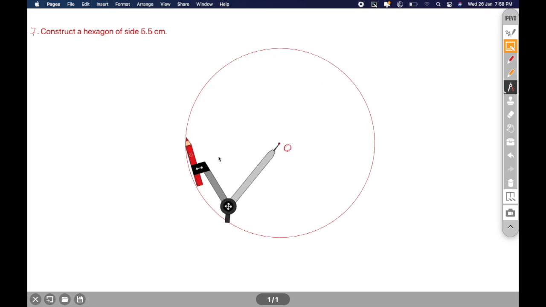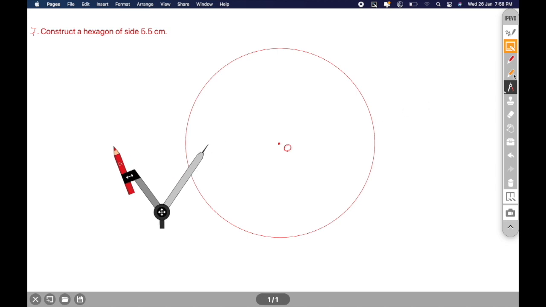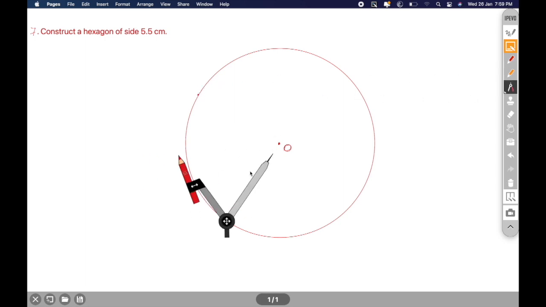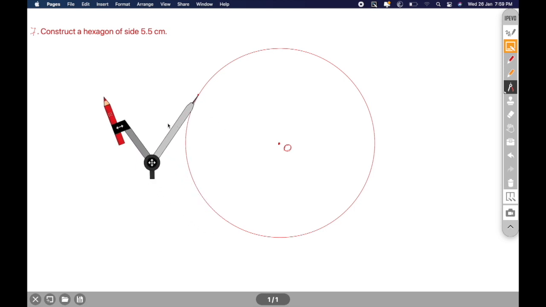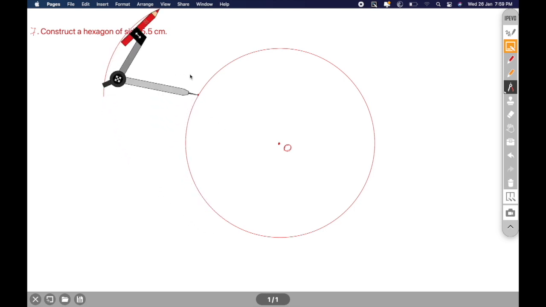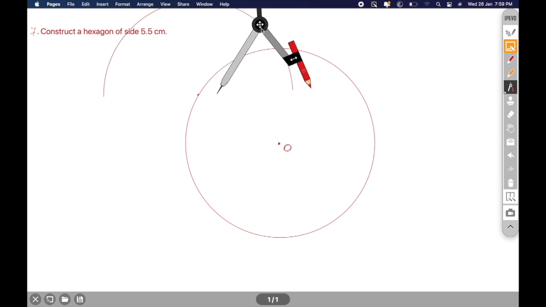With the same radius, we will place the compass at a point on the circumference of the circle, and with this point as the center we will now draw some arcs. Again, with this point as the center we have to draw the next arc.